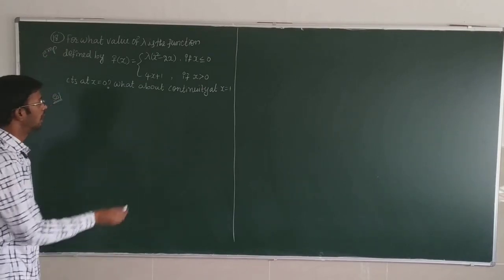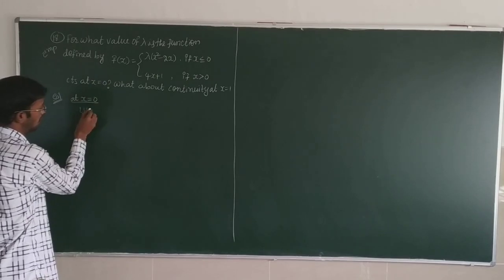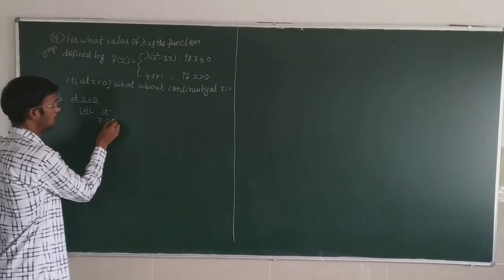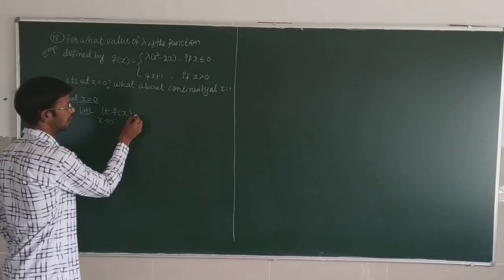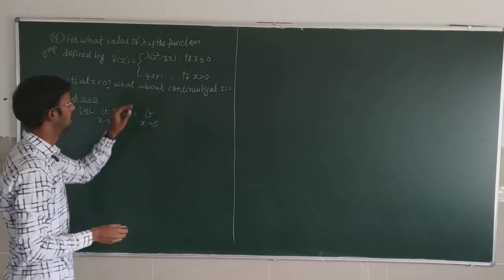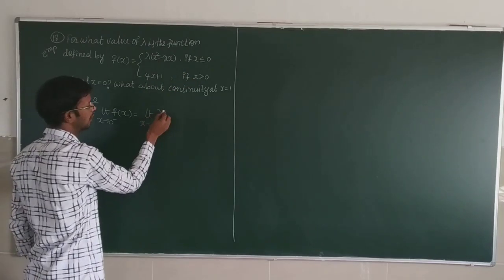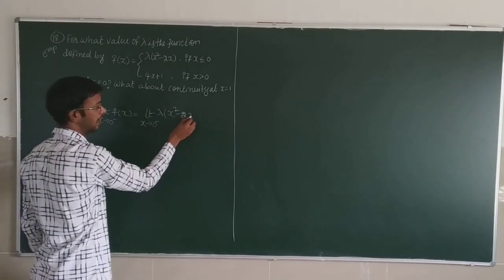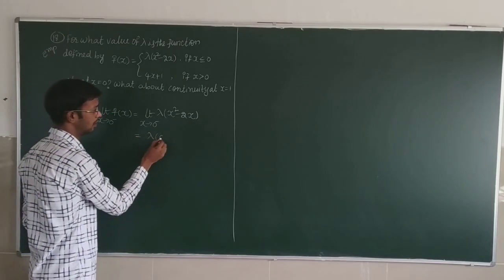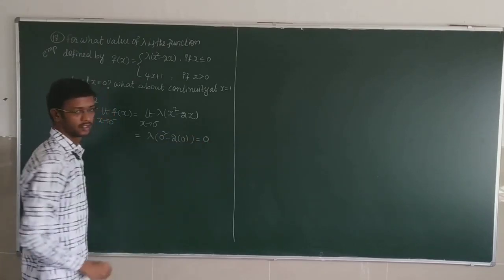At x is equal to 0, I will first find LHL. LHL: limit x tends to 0 minus f of x is equal to limit x tends to 0 minus. Minus means less than 0, the value is lambda into x square minus 2x. Substitute lambda into 0 minus 2 into 0, so that will become 0.